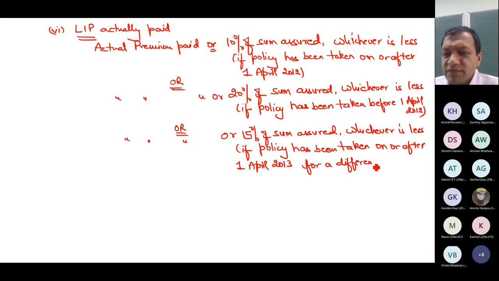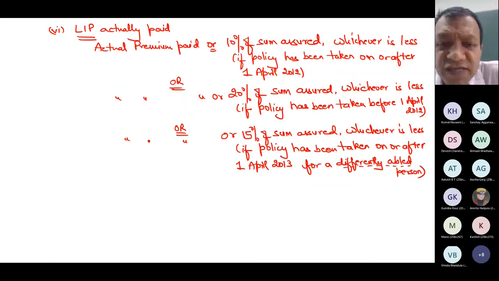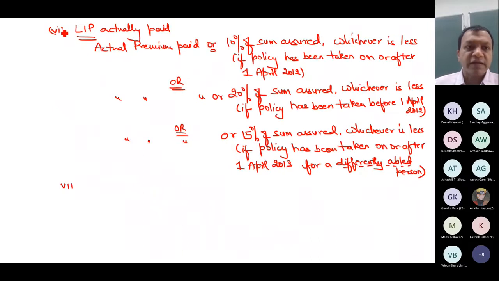So I am writing differently abled, but legally I should have written the word disabled. Anyhow, for a differently abled person, the amount which is eligible is the actual premium paid or 15% of the sum assured if the policy has been taken on or after 1st April 2013. This is the 7th or 8th point, I can say.